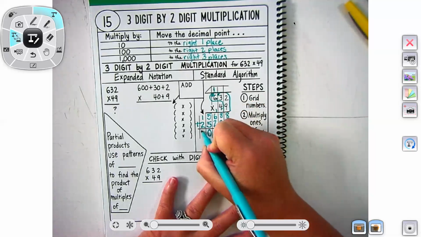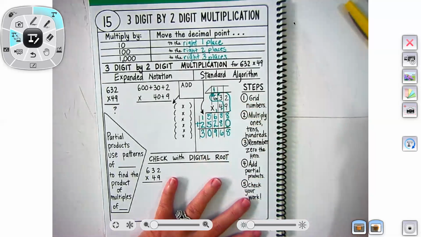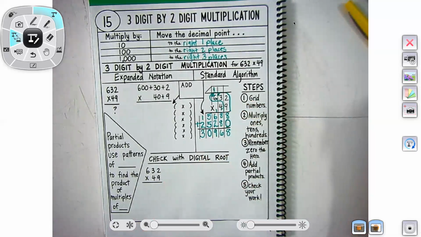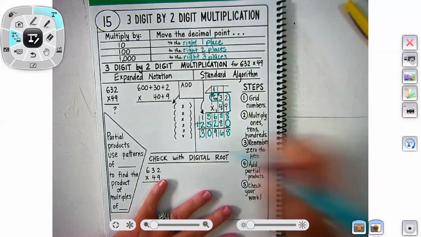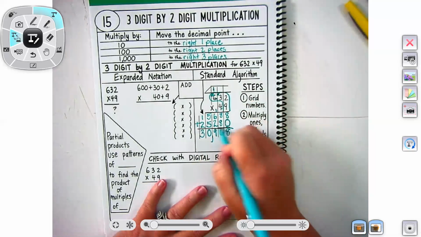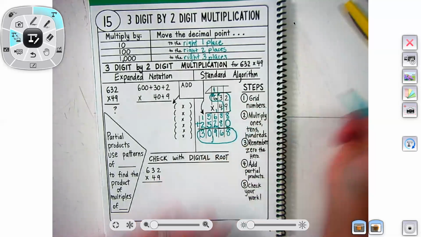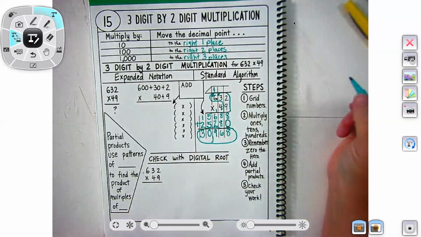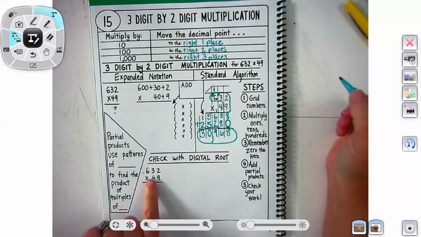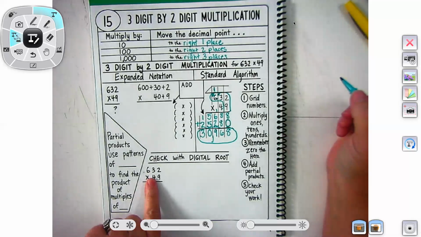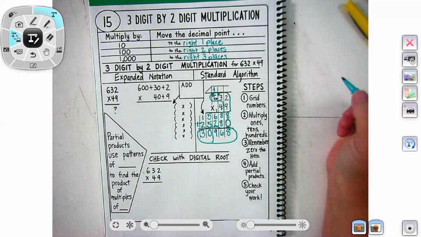Carry the 1. 1 plus 2 is 3. So my answer to that problem is 30,963.